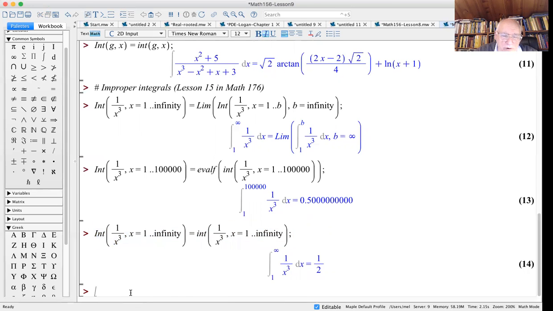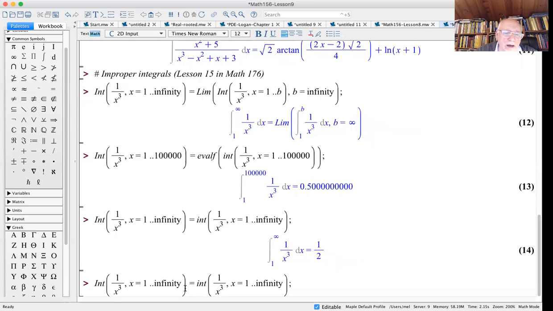There's another kind of improper integral, which happens when your function is going to infinity, like when x is 0, this function isn't defined. Let's say from 0 to 1.